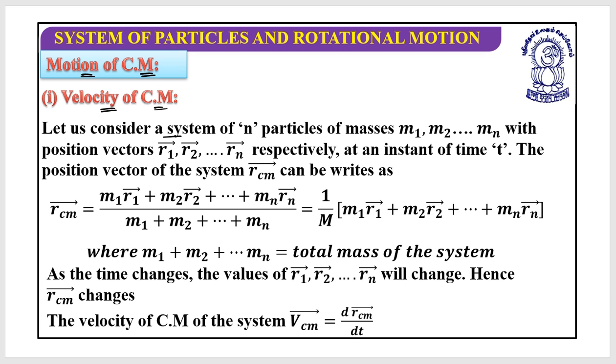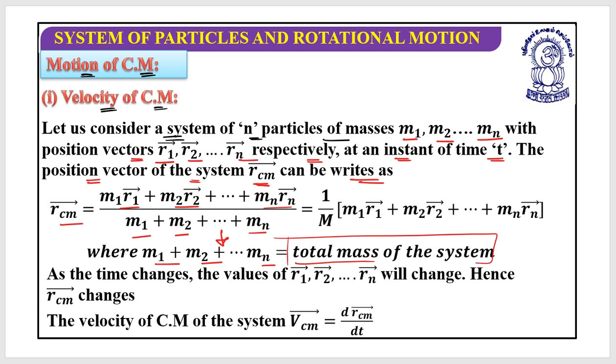Let's understand a system of n particles of masses m1, m2 up to mn with position vectors r1, r2 up to rn respectively. At any instant of time t, the position vector of the center of mass can be written as RCM = (m1 r1 + m2 r2 + ... + mn rn) divided by (m1 + m2 + ... + mn). Adding m1 plus m2 up to mn gives the total mass M of the system.